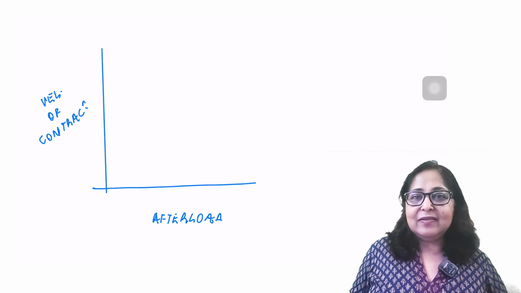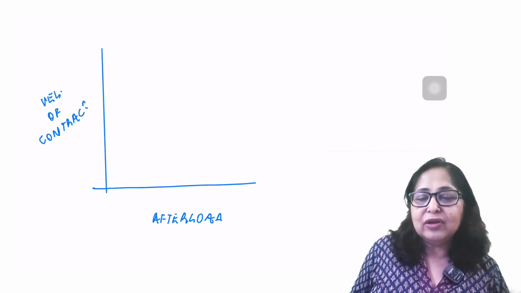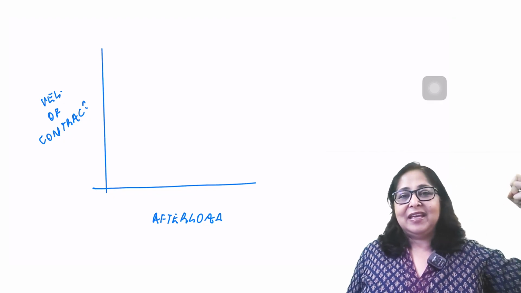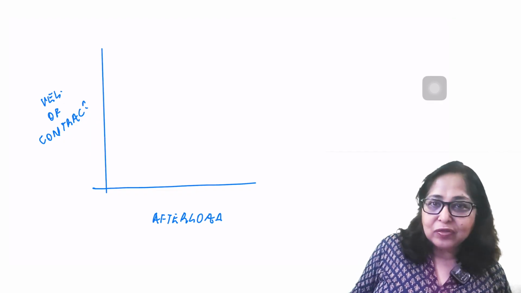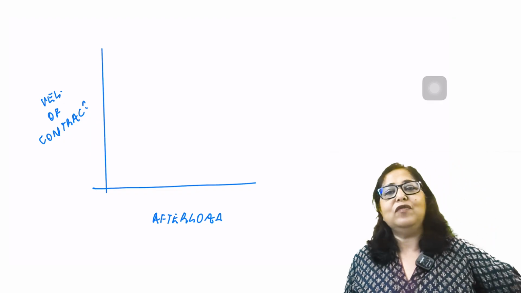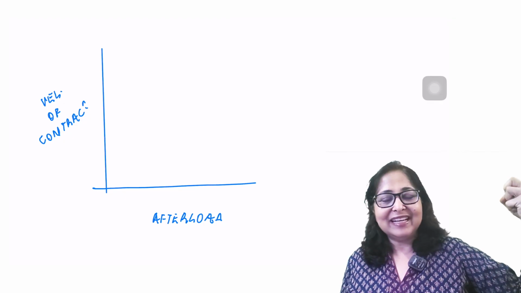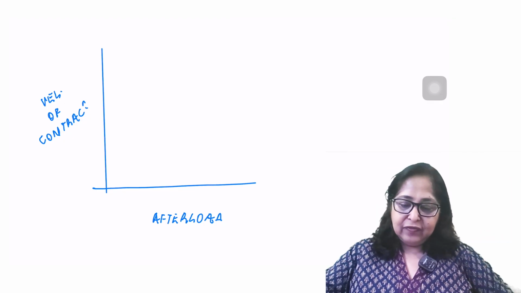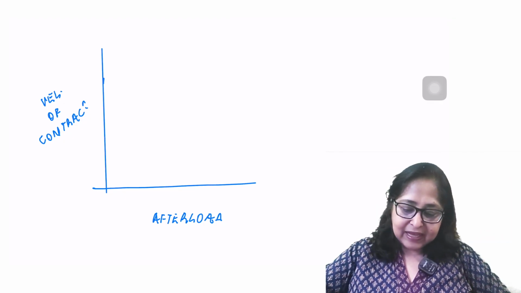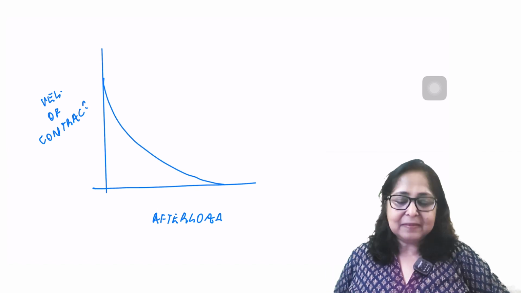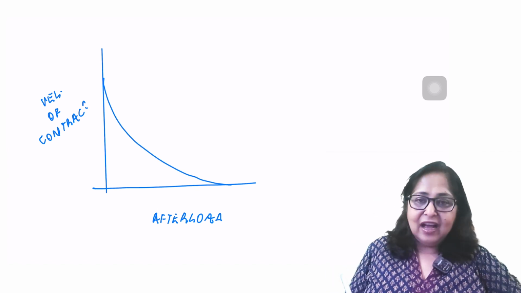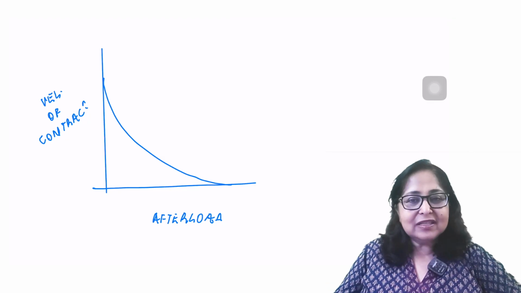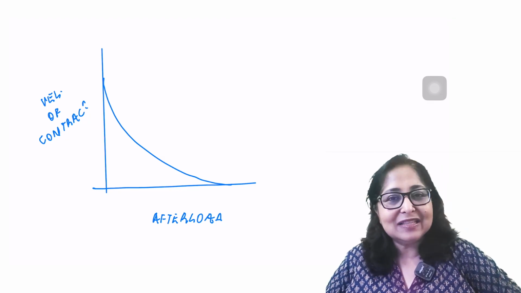For example, let's say there is a weight which is lying on the ground and you're trying to lift it. Heavier this weight on the ground, less will be your velocity of contraction. Isn't it? So the kind of graph that I get is something like this. Less the afterload, more the velocity, more the afterload, less the velocity.